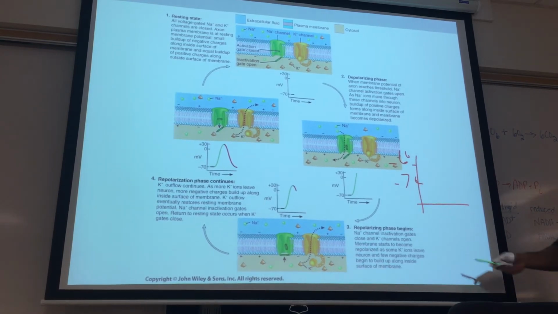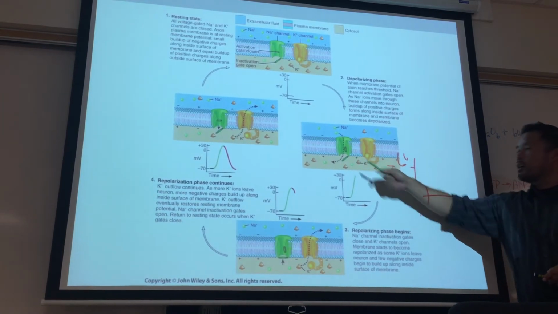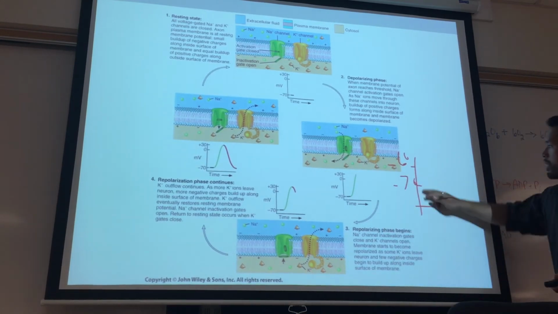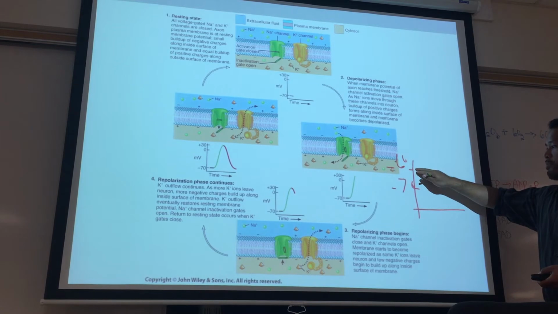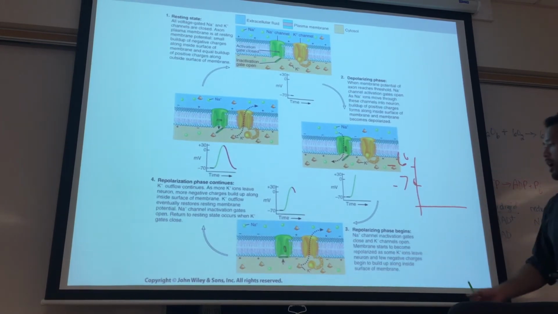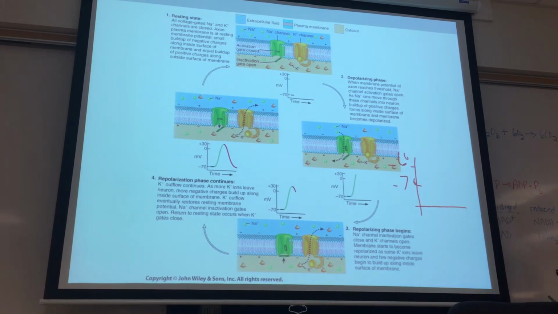And then after that sodium channel is closed, let's turn that channel off, we're going to repolarize. And the repolarization is due to the activation of our potassium channels. So positive sodium ions going in, and then potassium going back out.